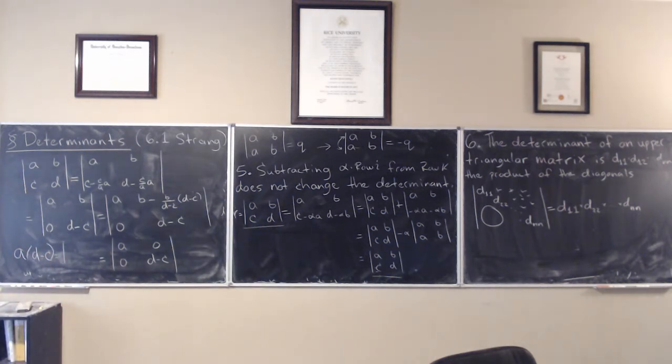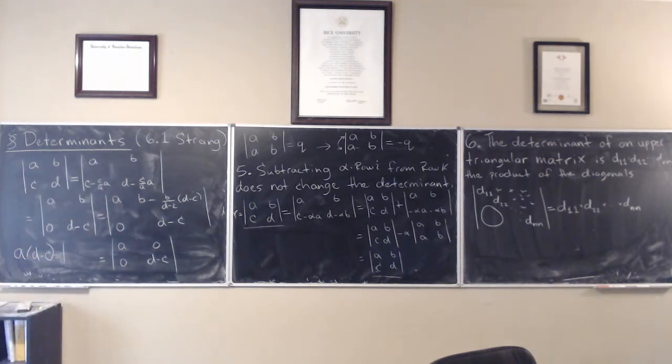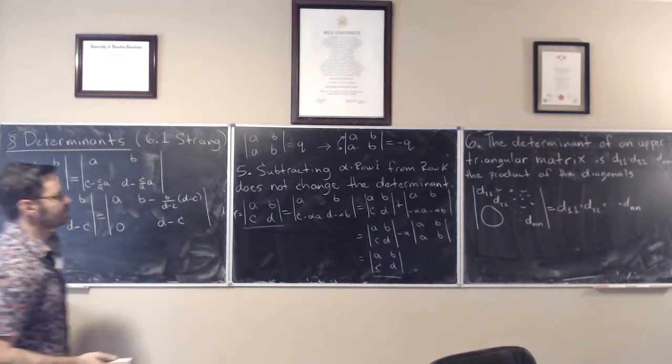A times d minus c times b. Well, it's almost there. I'm just missing one thing. A times d minus c minus... 1 second. This is where I need more room.